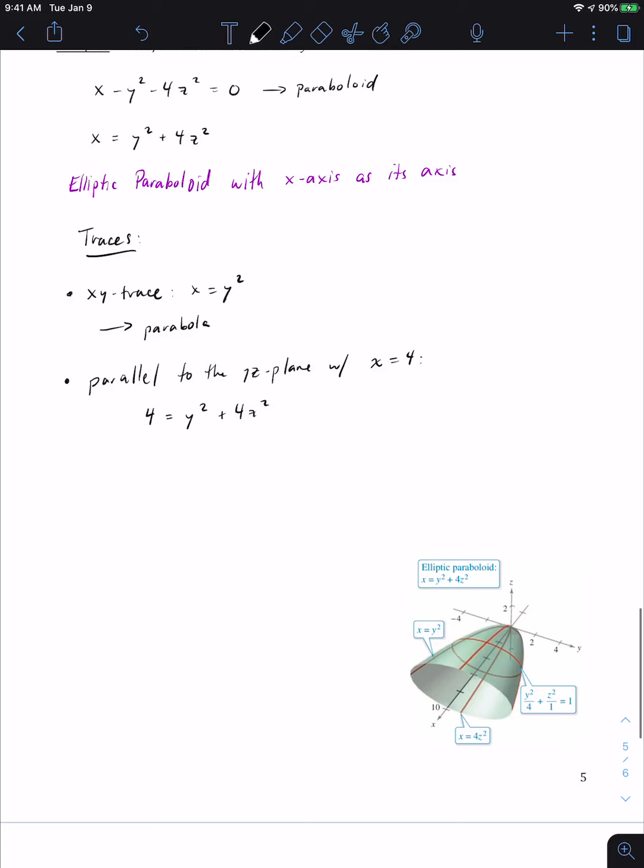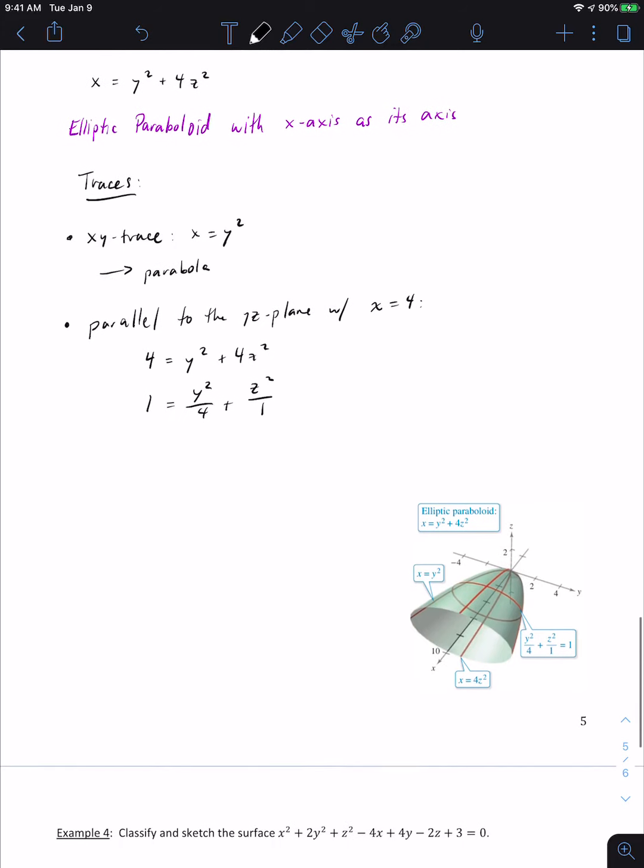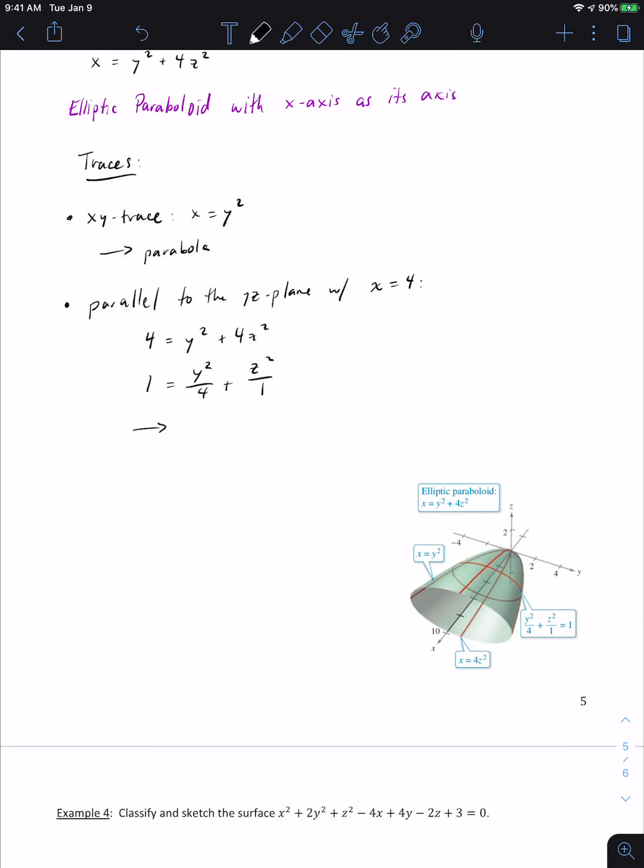I know that this is going to be parallel to the yz plane because it only has y's and z's in it, no x's. Now if I divide by 4, I get 1 is equal to y squared over 4 plus z squared over 1. And that is an equation of an ellipse. So at x equals 4, I have an ellipse.